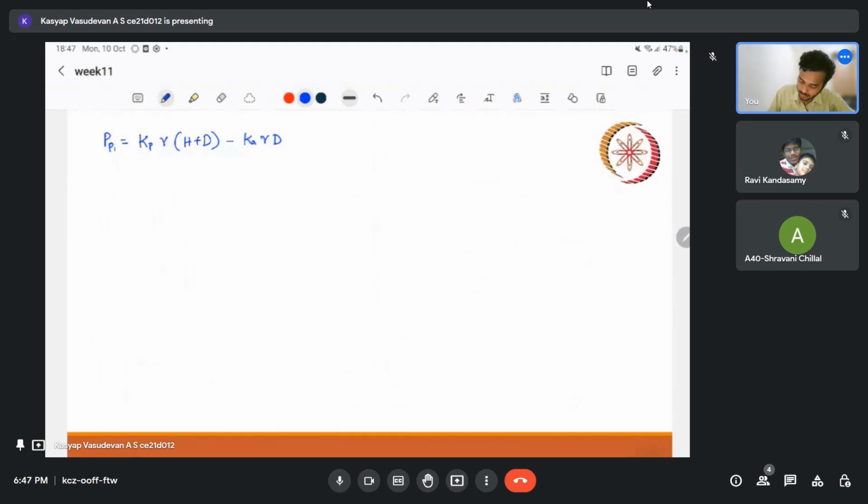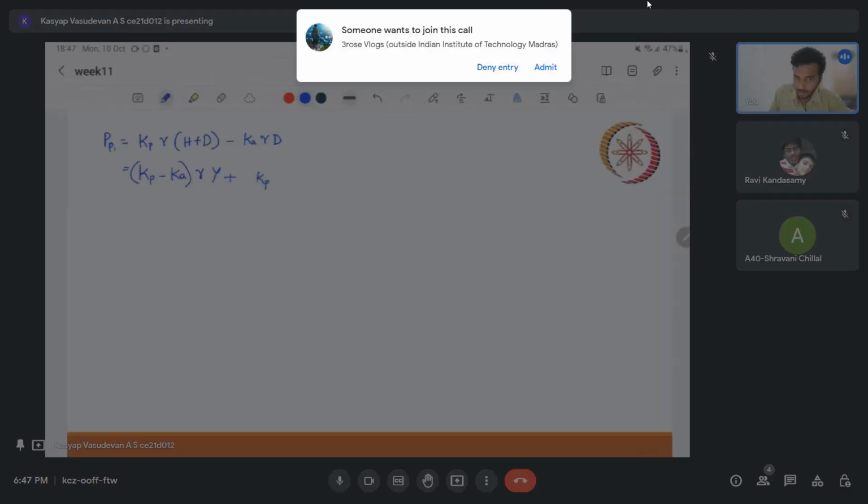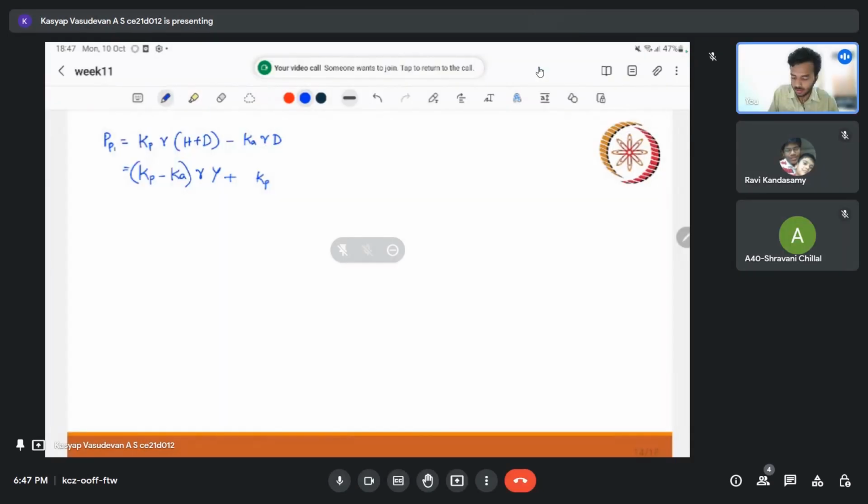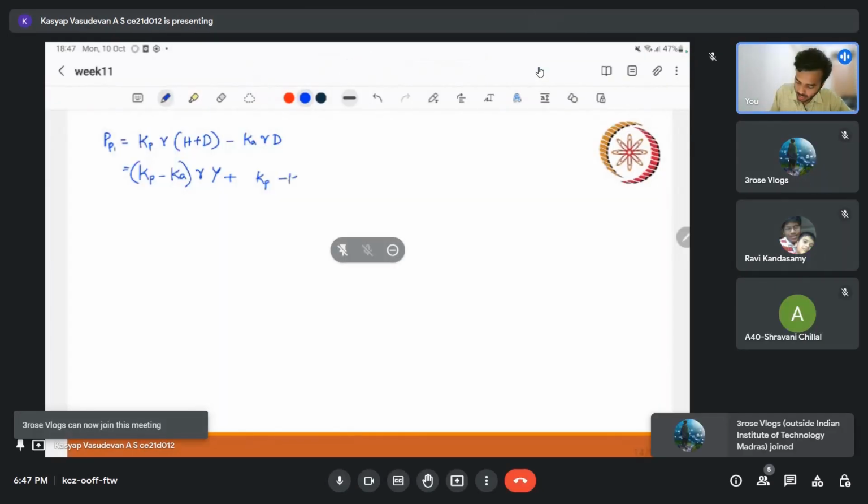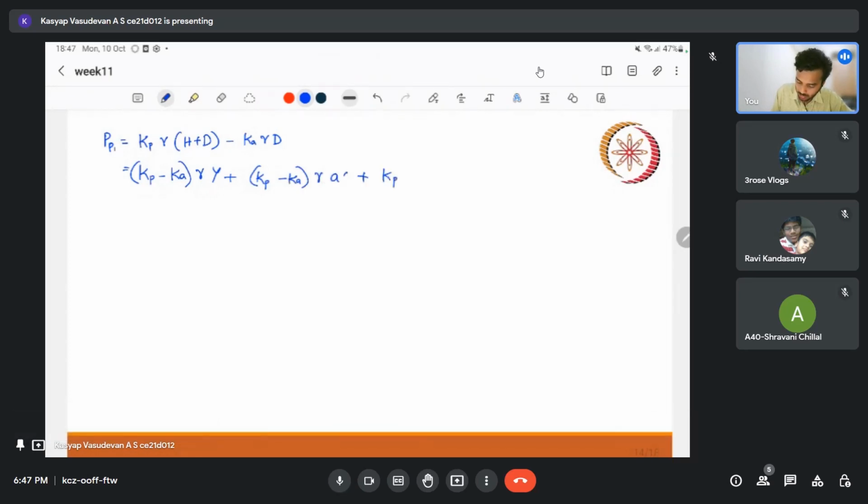Here I can also simplify this as (Kp minus Ka) into gamma y plus (Kp minus Ka) into gamma a dash plus Kp gamma h.